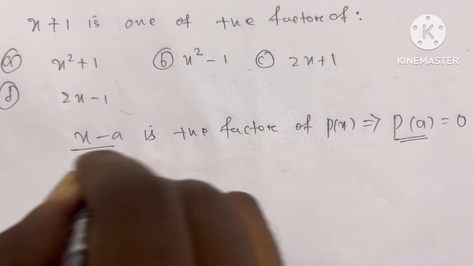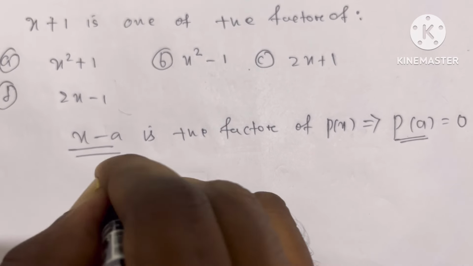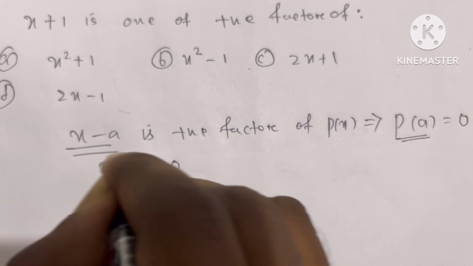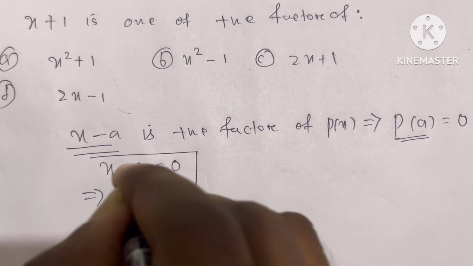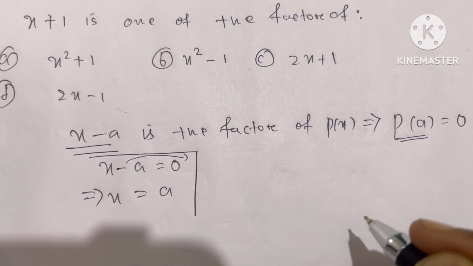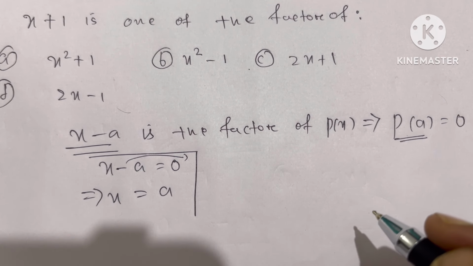Because the factor is x minus a. From x minus a equal to 0, we can find the value of x, which is a after transposing. So x minus a is a factor of p(x), implying p of a, meaning the remainder, is equal to 0.